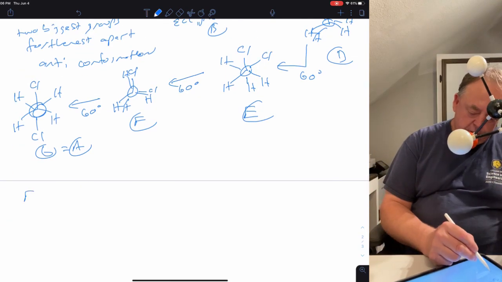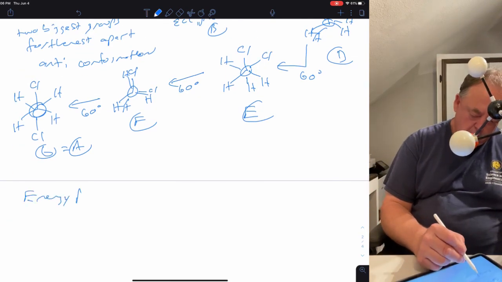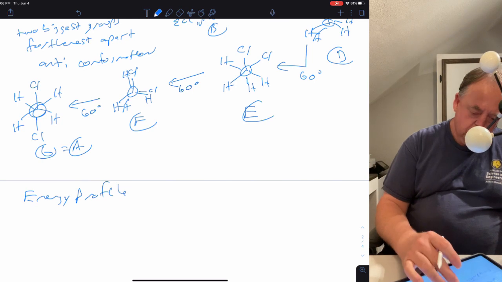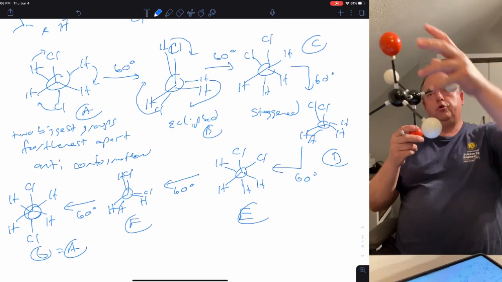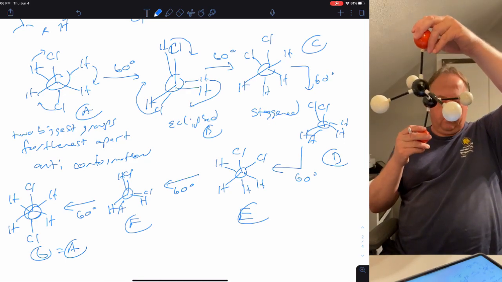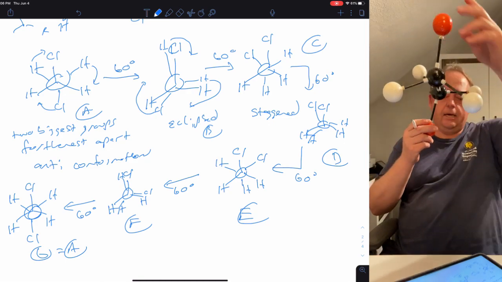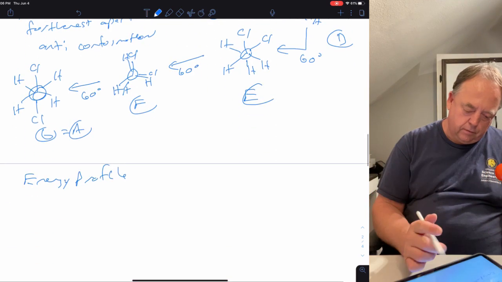Now let's sketch the energy profile. Okay, so the most stable conformation is the anti-conformation, where you have the two biggest groups farthest apart. Right? So chlorine is a lot bigger than a hydrogen atom. So they want to be as far apart as possible.